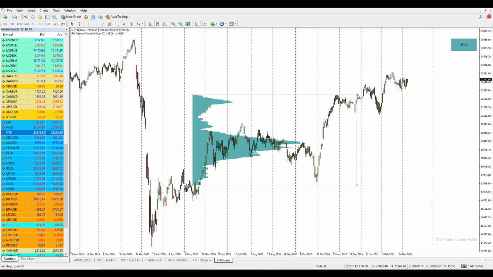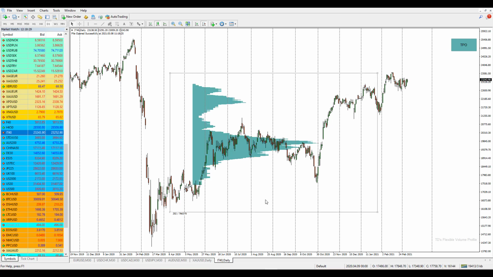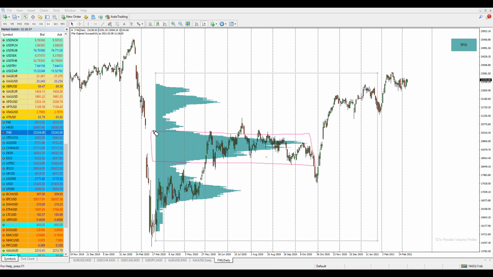And in this place, what I'm most interested in is this area, this heavy volume area from which strong buying activity started. So again, I think buyers placed a lot of their long positions there. Then there was a false breakout and strong buying activity.